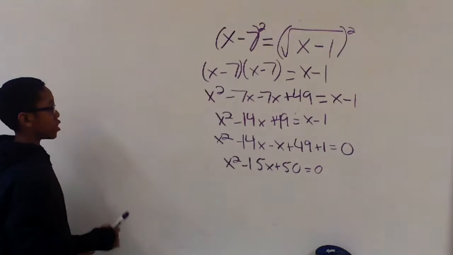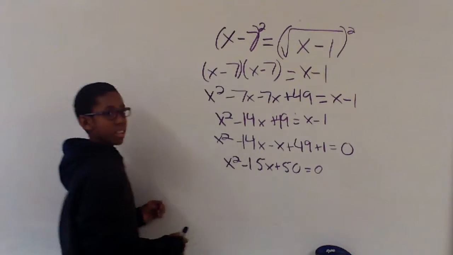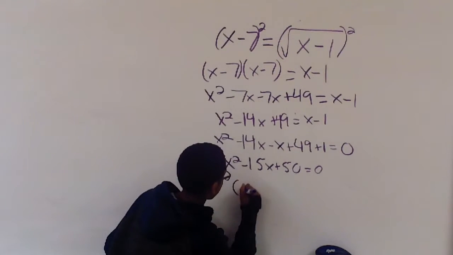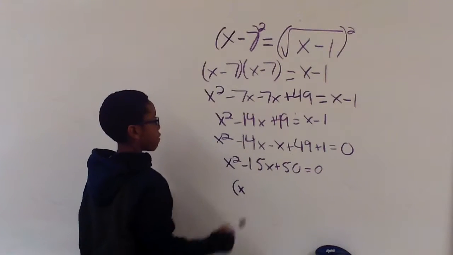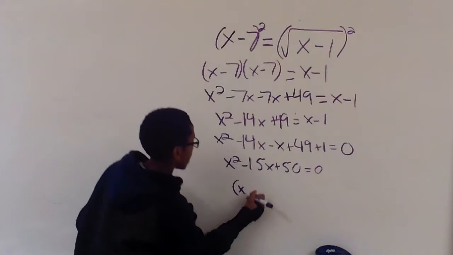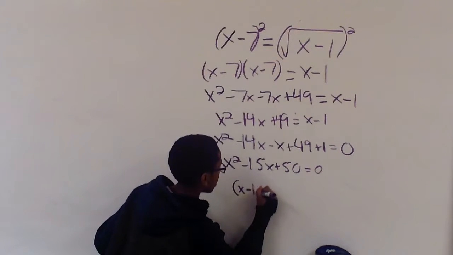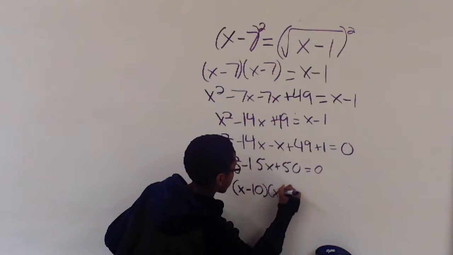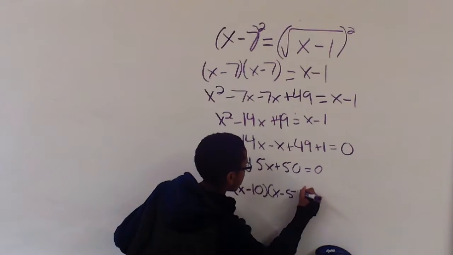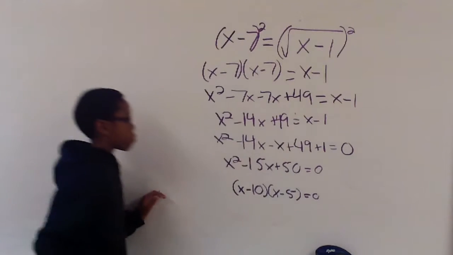Now we have a quadratic equation, and so now we can factor it. So we can do x minus 10 times x minus 5 equals 0.